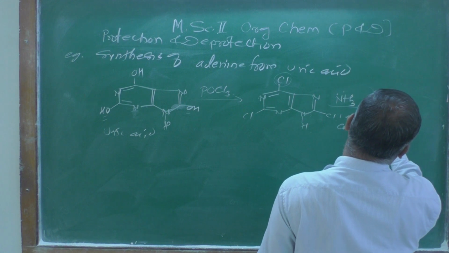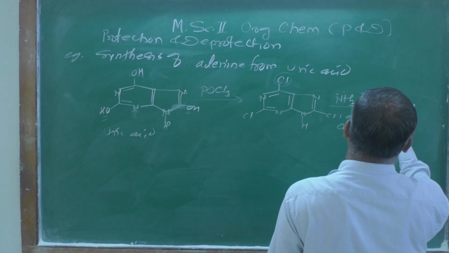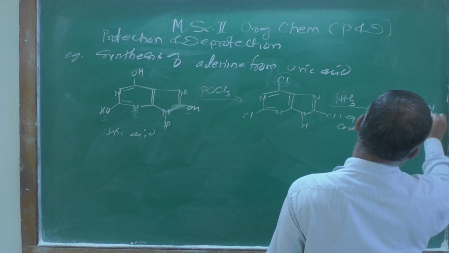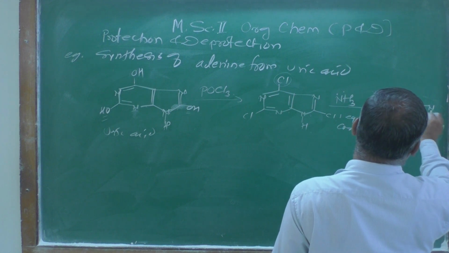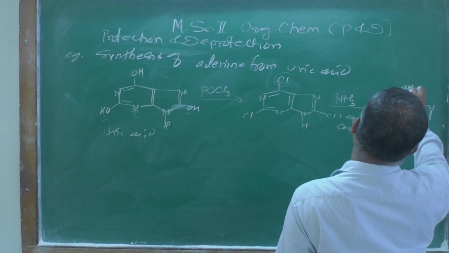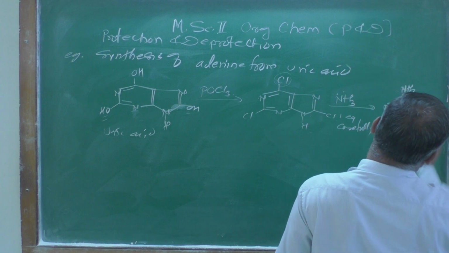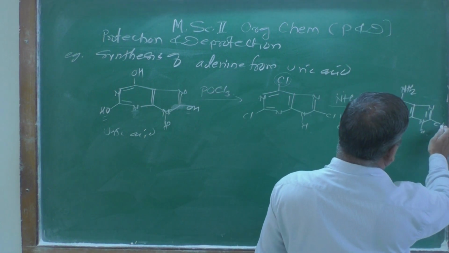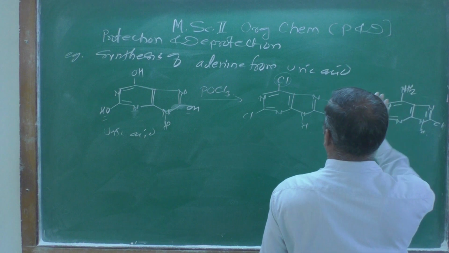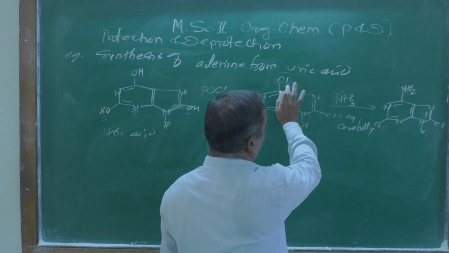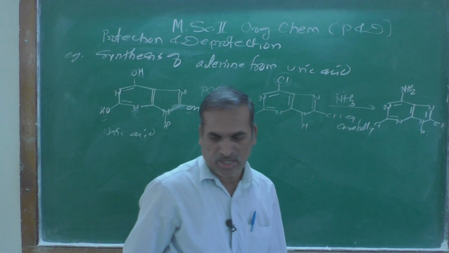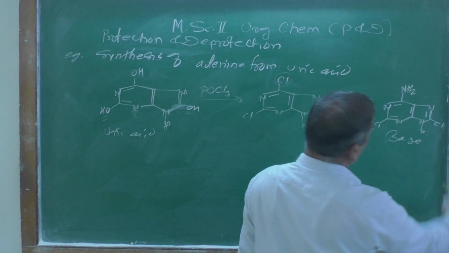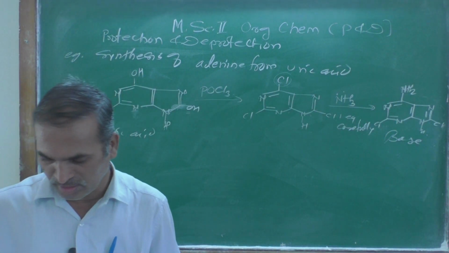Let us see here, N, then a double bond, Cl as it is, then N, then N, this one H, double bond, and here we get NH2, and this Cl remains as it is. That is the change we get here. This chlorine atom and the other chlorine remain intact. Only this chlorine gets replaced by the amino group, and this is one of the bases. So in this way we can get a base.